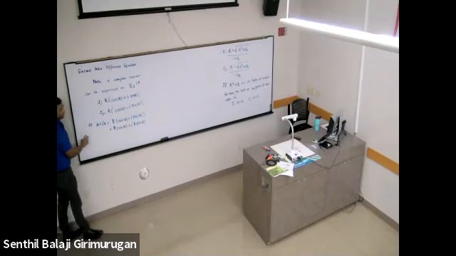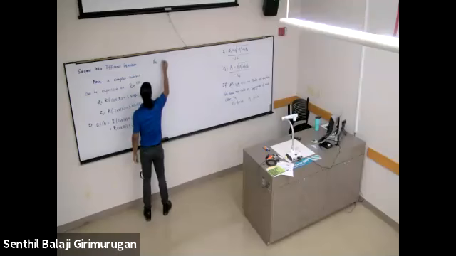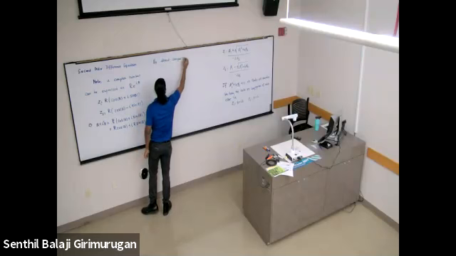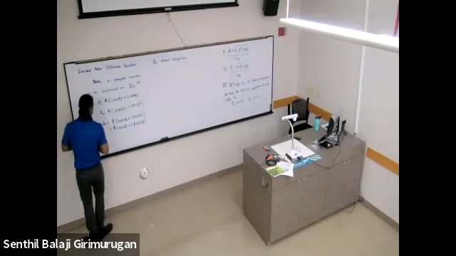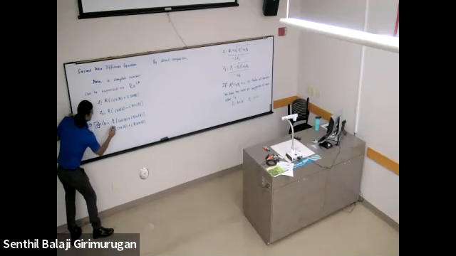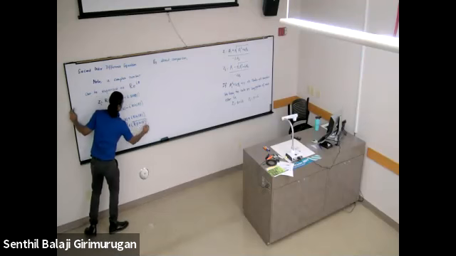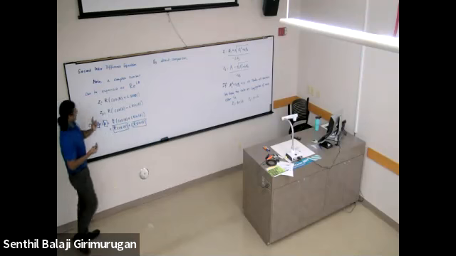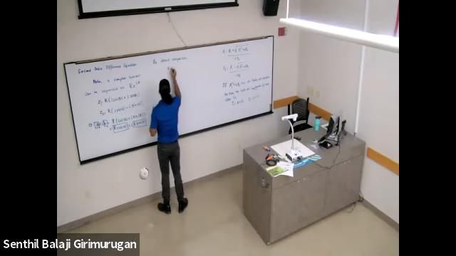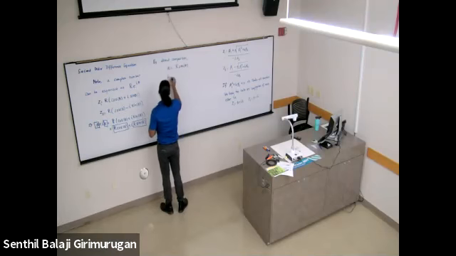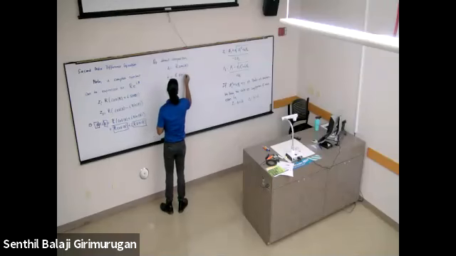By direct comparison, what is the value of a? r cosine theta. By direct comparison, I'm going to equate that part to that part, and that part to that part. So I would end up having a equal to r cosine theta, and b equal to r sine theta.